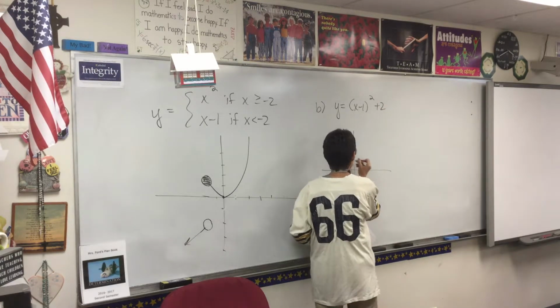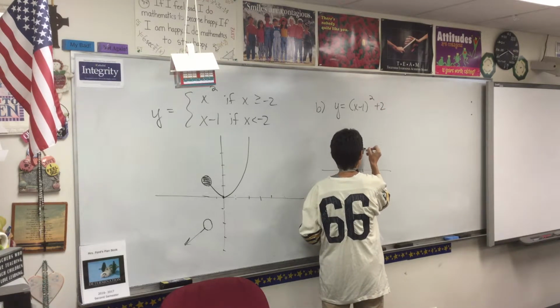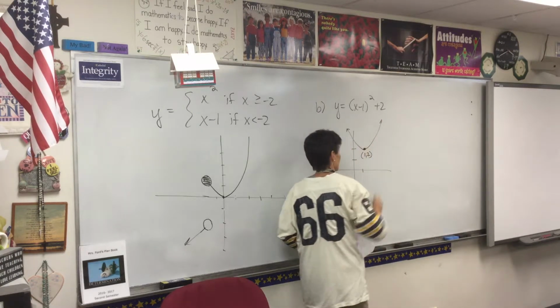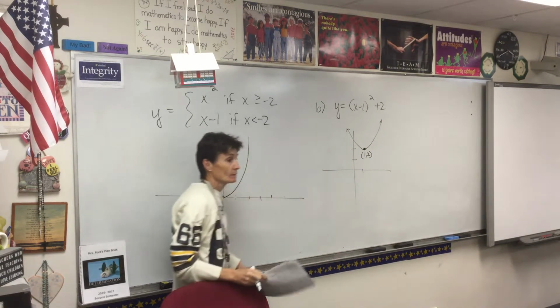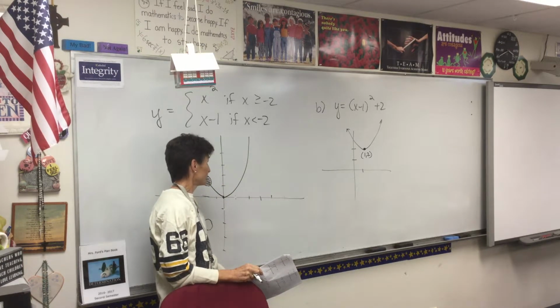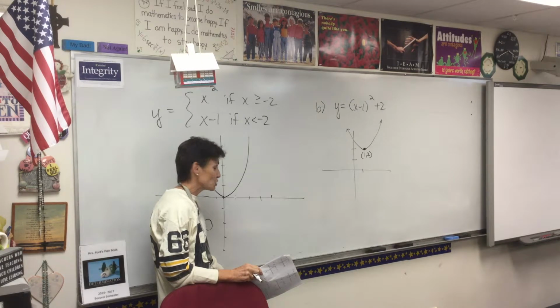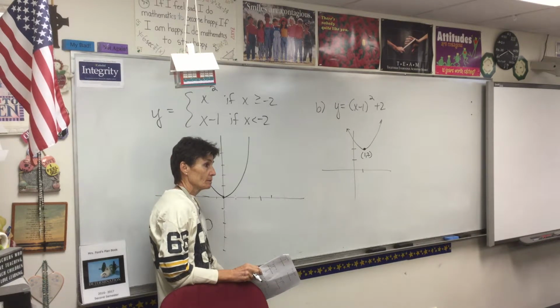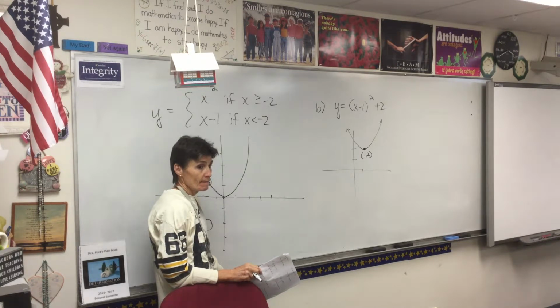So right 1, up 2, label that point, 1, 2, and draw in your parabola. Half credit for the right shape, half credit for the right position. Okay?